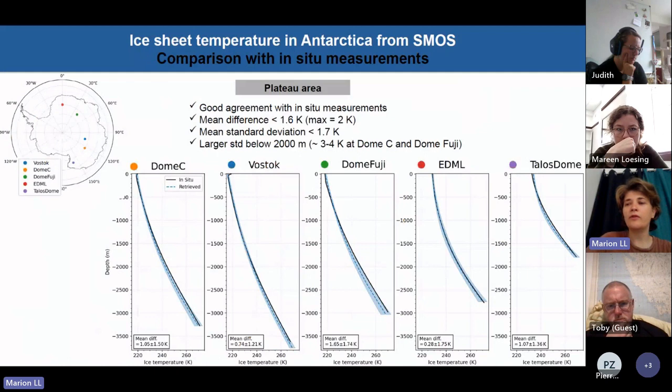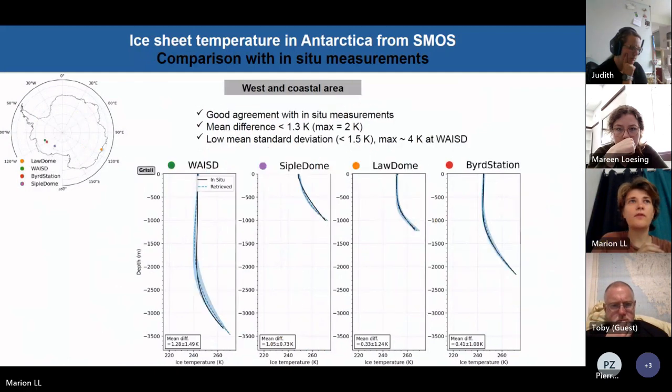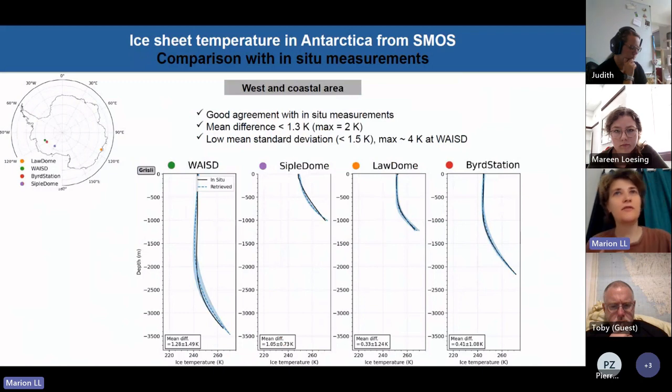So this is over the plateau, but we also have 4 sites in West Antarctica and close to the coast. The temperature profile is slightly different, but also in this case, we have a good agreement with in situ measurements. So since it works at these locations, we can apply the retrieval over the whole Antarctica.